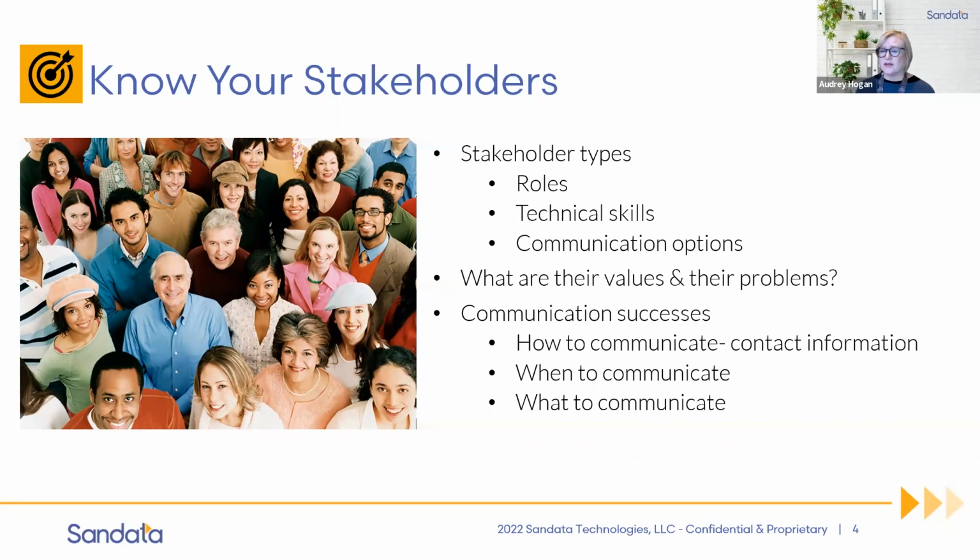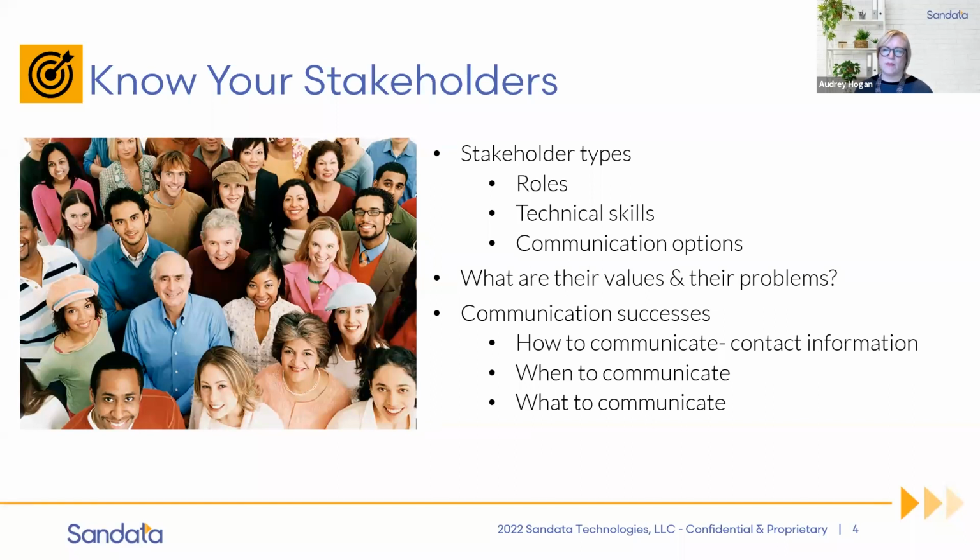There are different technical skills, and the technical skills may be aligned with the roles, but it may not be. It may be aligned with the location, the geography, the access. It could also be, what are your communication options? Is email effective? Is there a website that people count on for information about a given program?